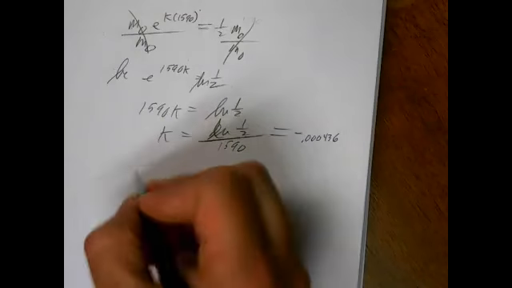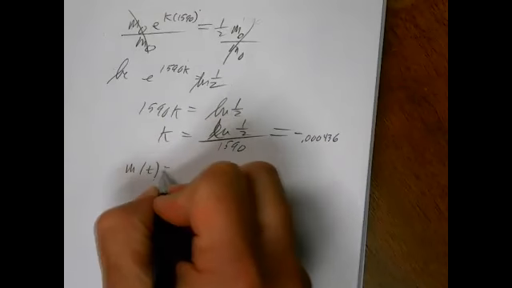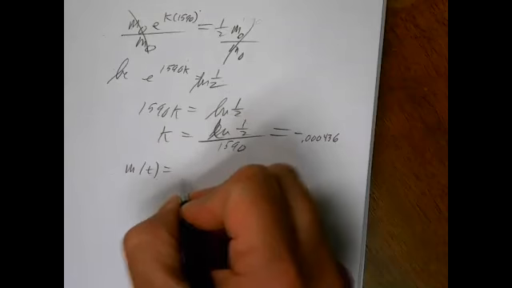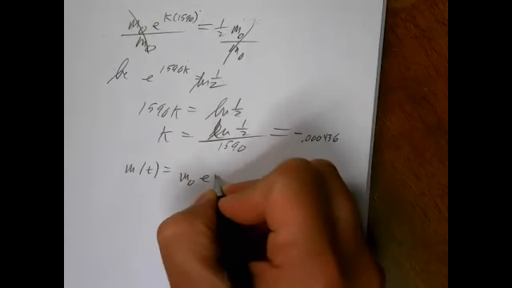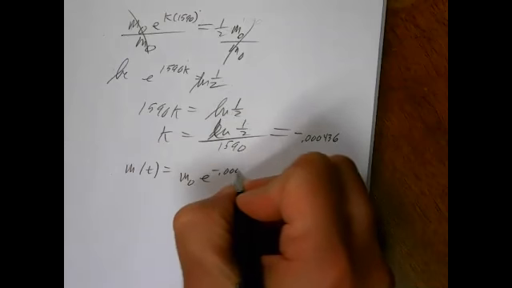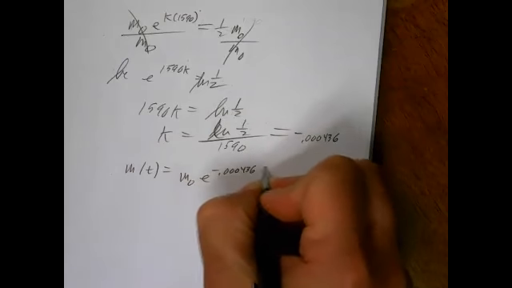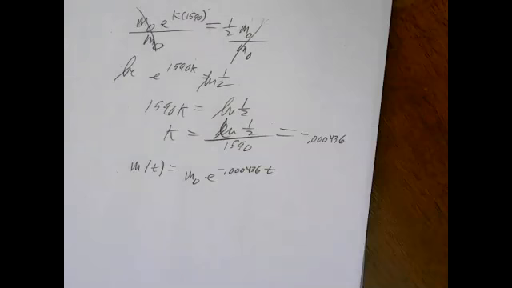Things are going downward, and therefore my mass at time t will now be equal to initial mass times e to the negative 0.000436t. Now, if they were to go on to say, oh, we have a sample of mass 100, what's the formula for it?